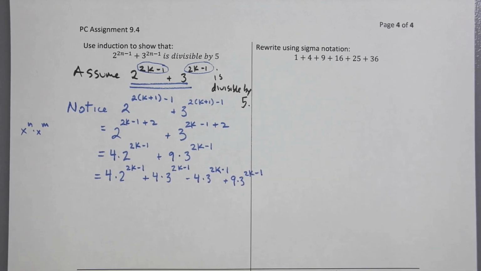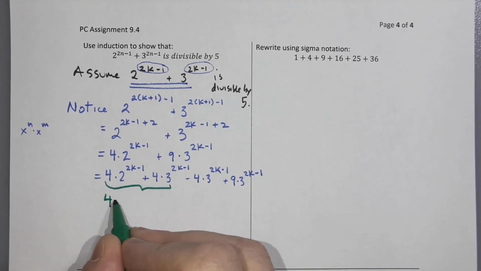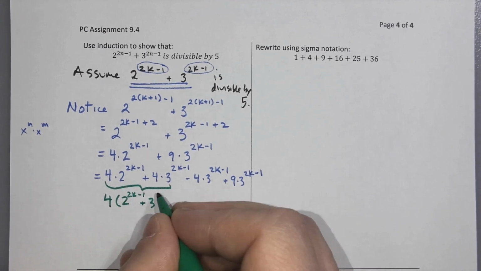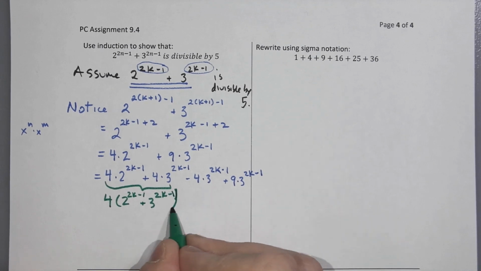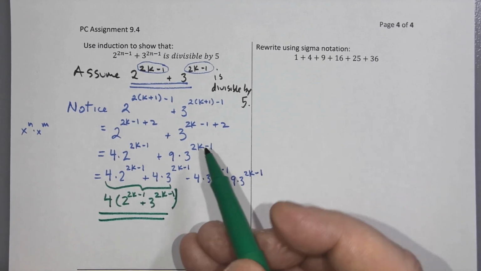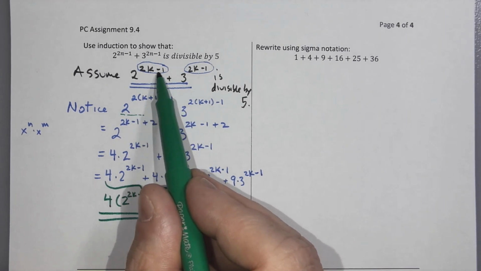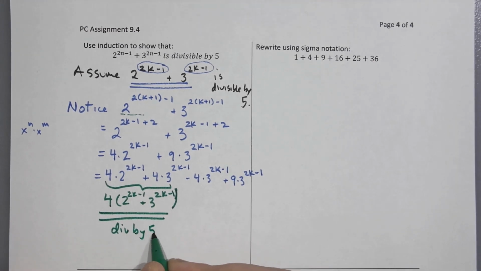But what's genius is, now look what we've got. Now we have from here 4 multiplied by 2 to the 2k minus 1 plus 3 to the 2k minus 1. And that part we're happy with, because we knew that 2 to the 2k minus 1 plus 3 to the 2k minus 1 was already divisible by 5. So this is definitely divisible by 5.